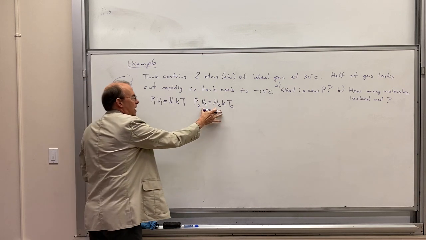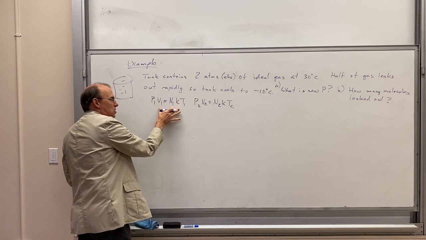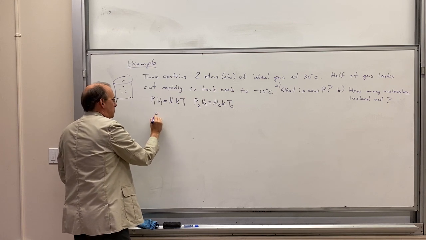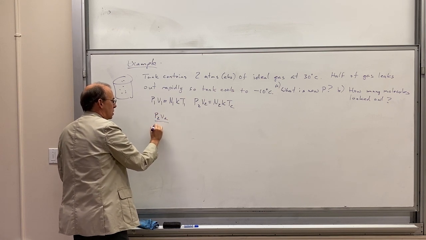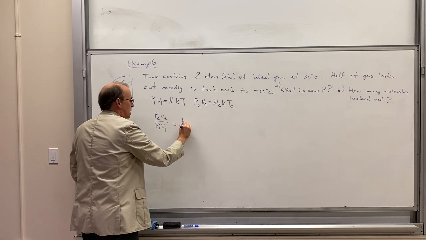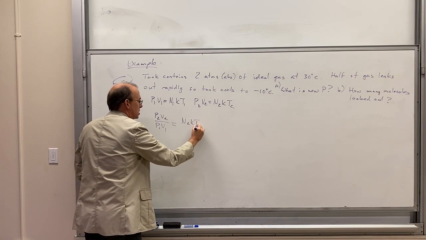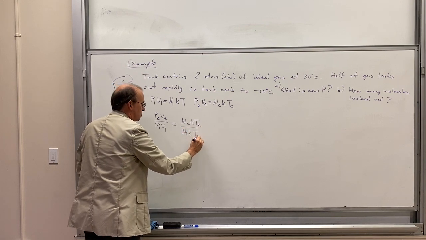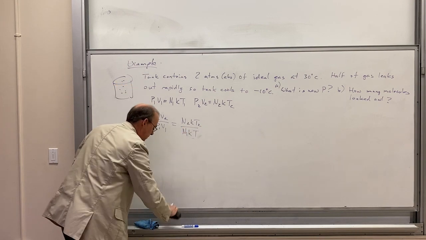So I'm going to divide this equation by this equation. That's valid mathematics. So I've got P2 V2 over P1 V1 is N2 K T2 over N1 K T1.